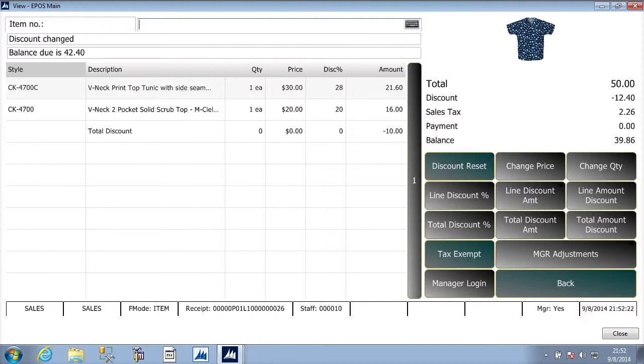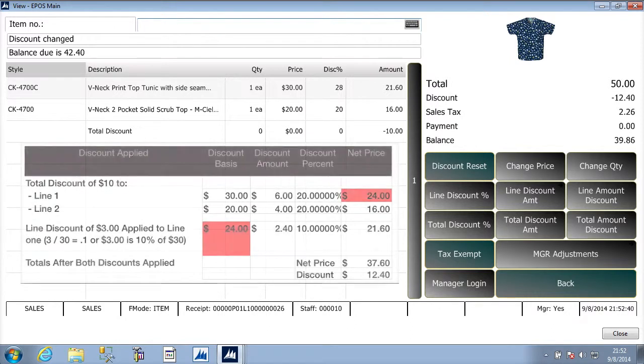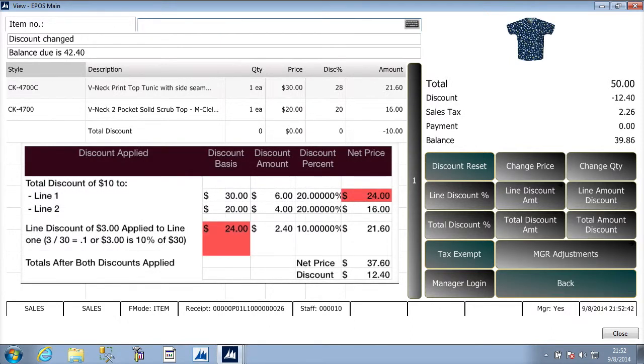One thing that's important to understand about the line discount amount and the total discount amount is that the calculation is based on a percentage that's calculated. So the percentage is calculated first, and then it's applied to the line, and it follows the normal course of discount calculations. If we look at the math on this, the total discount of $10 was split over the two lines, essentially giving 20%.